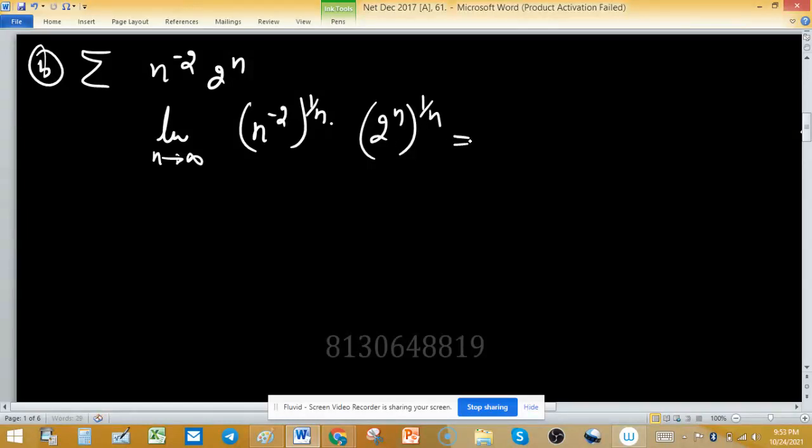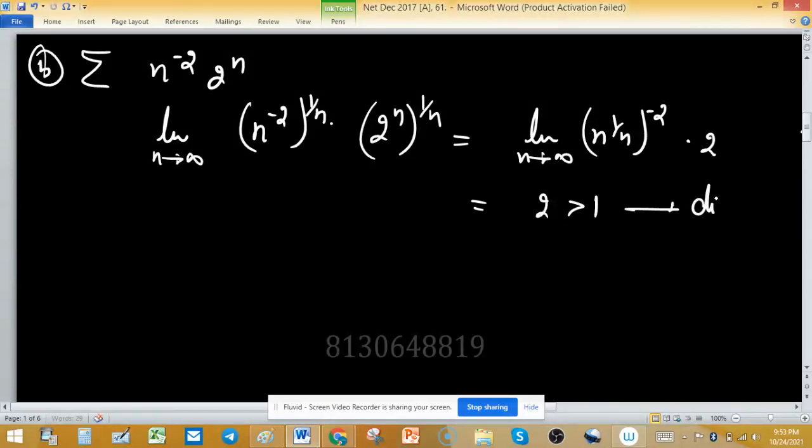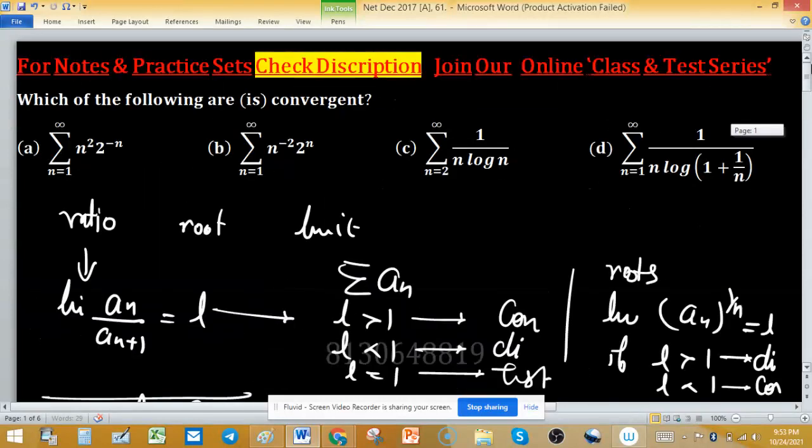So finally, I got limit n tends to infinity of n raised to the power 1 upon n raised to the power minus 2, into 2. So we have 2, which is greater than 1. In this case, the series is divergent by the root test.